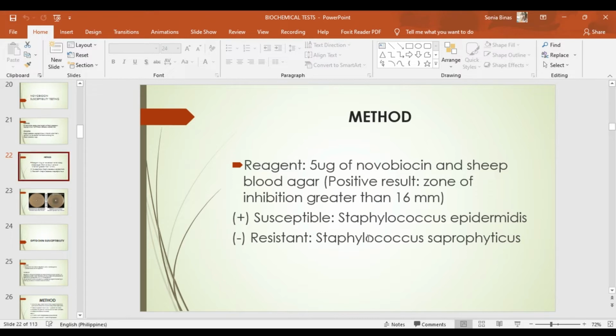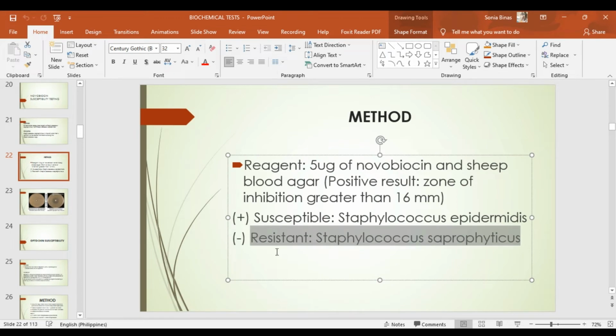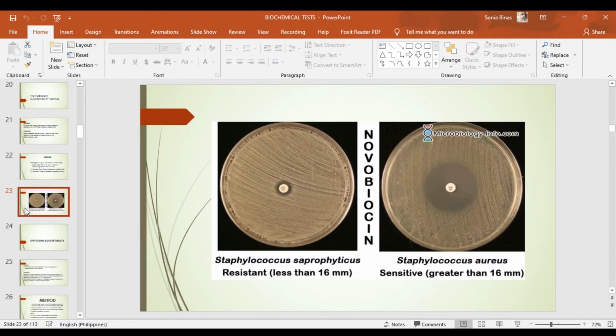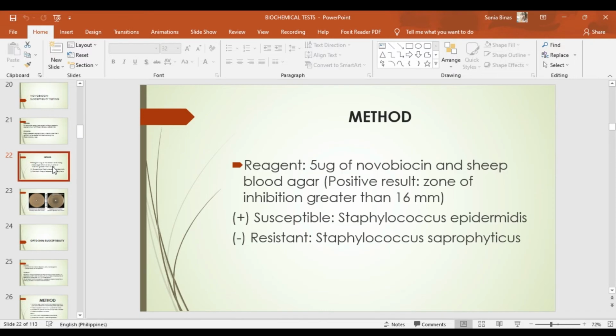So, as I've said, Staphylococcus saprophyticus is the only resistant Staphylococcus to our Novobiocin. So, kung makikita nyo, ito yung ating Staph saprophyticus sa ating left side. Wala siyang zone of inhibition, meaning it is resistant. While itong ating Staph aureus na meron siyang greater than 16 millimeter ay susceptible.